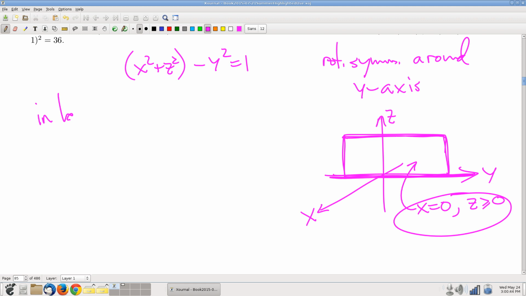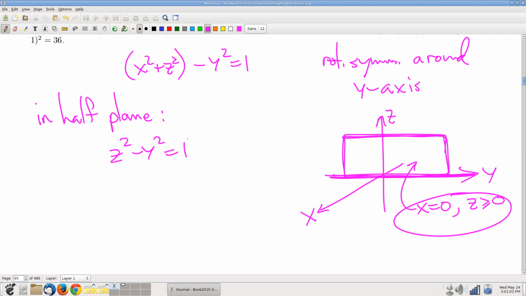In the half plane, x is equal to 0, so that goes away. Z is positive, whatever, but I end up with z squared minus y squared is equal to 1.